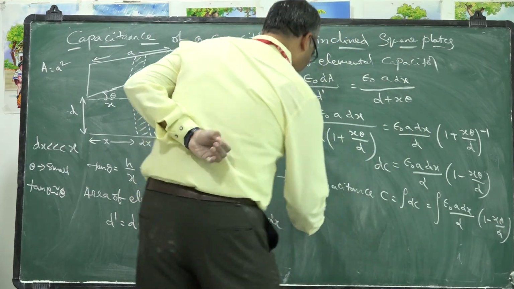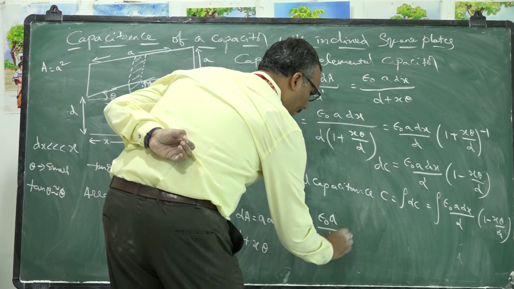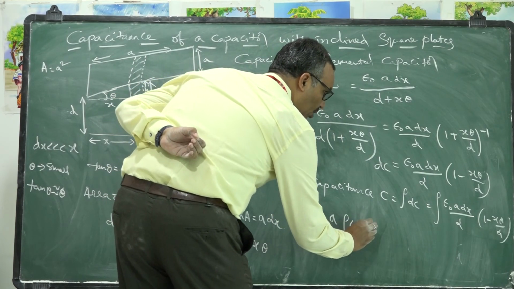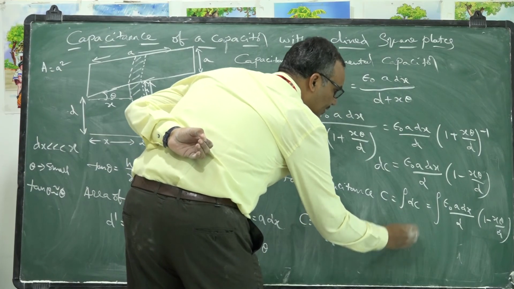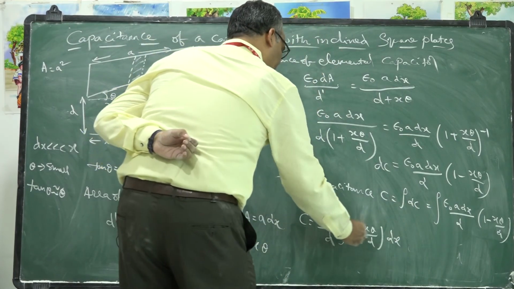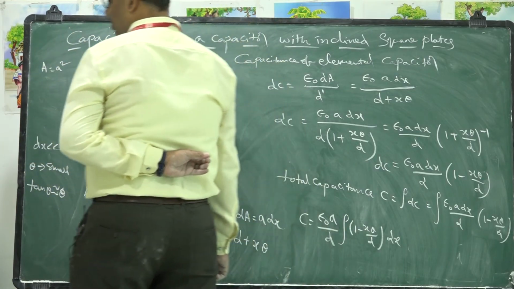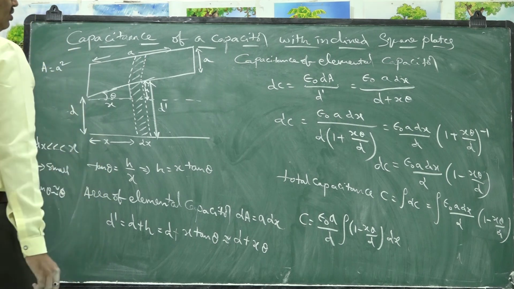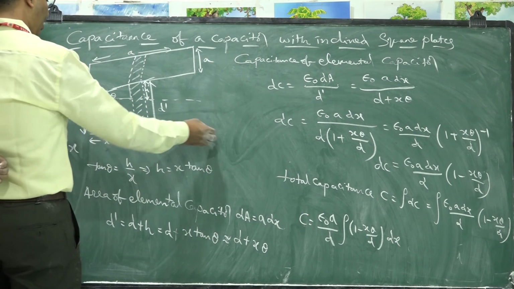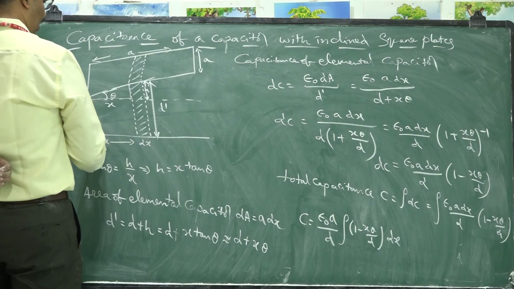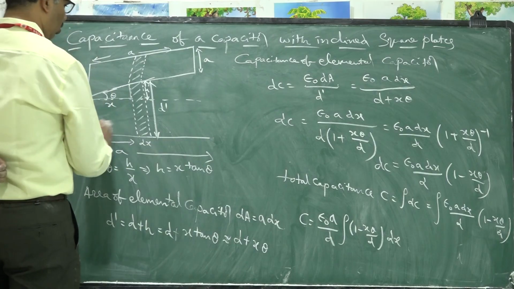So C is equal to epsilon naught a by d, integral of (1 minus x theta by d) dx. Integral of dx is x, but here we should give the limits. x is the variable, and you should take from this end to that end. The total side is a, so 0 to a you can take as limits.